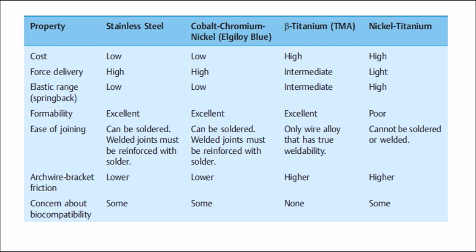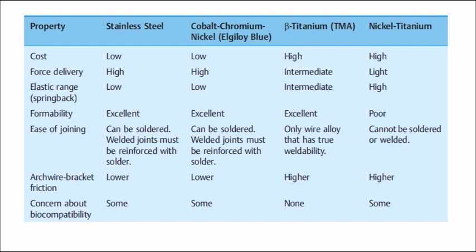Now about soldering and welding, the only wire alloy that has true weldability is beta titanium. Nickel titanium can neither be soldered nor be welded. Stainless steel and cobalt chromium alloys can be soldered, but welded joints must be reinforced with solder.